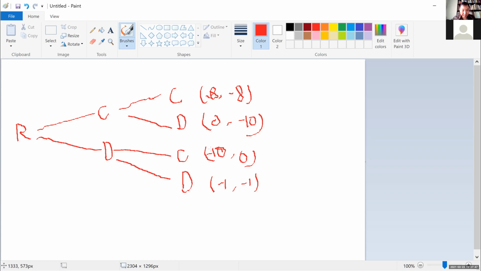Which one? This one. Yes, CC, right? And at the bottom, if row plays deny, between 0 and minus 1, which one? Correct. So can you write down the list? It is CC and DC, list 1.